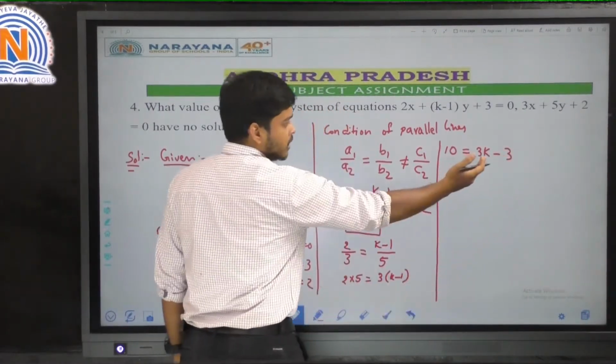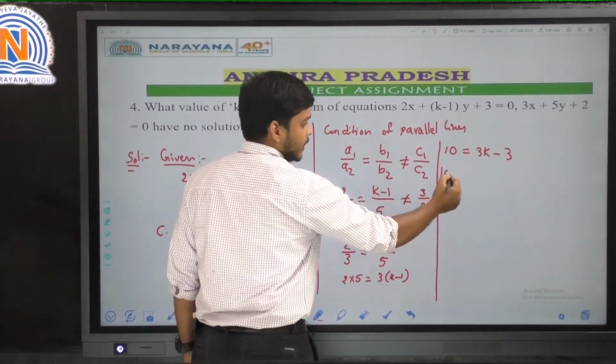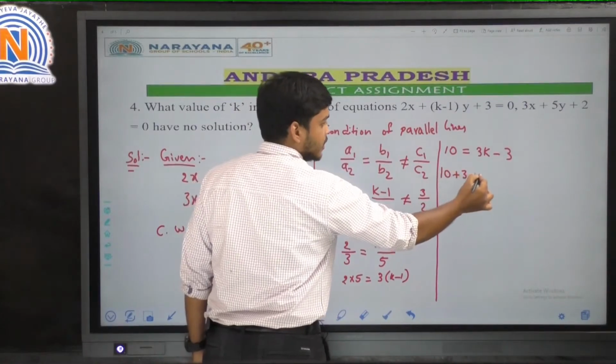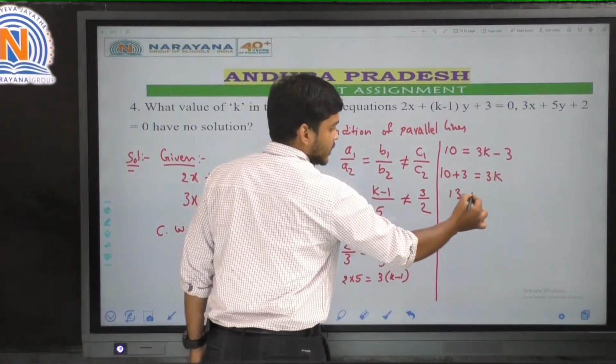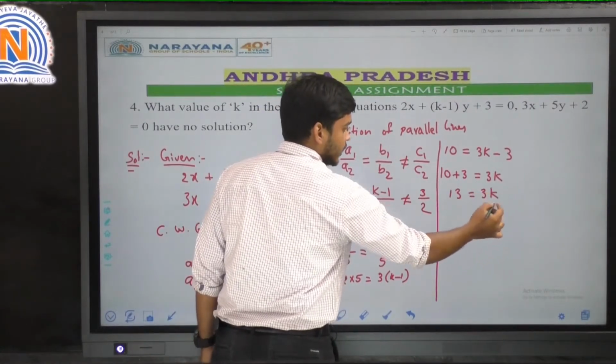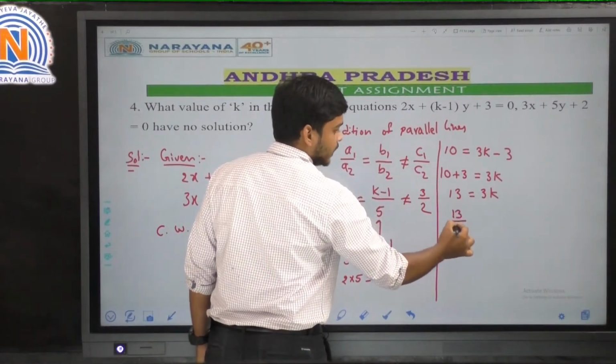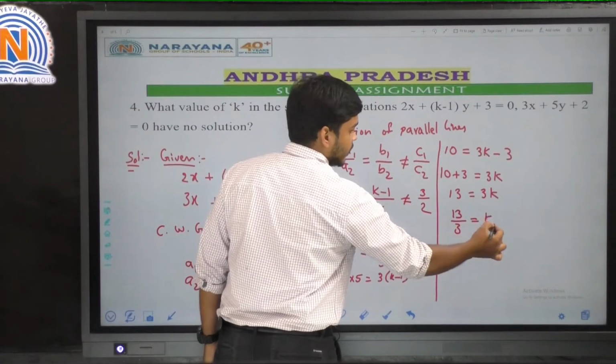So send minus 3 to the left hand side, then plus 3: 10 plus 3 is equal to 3k. So 10 plus 3 is 13 is equal to 3k, therefore 13 by 3 is equal to k.